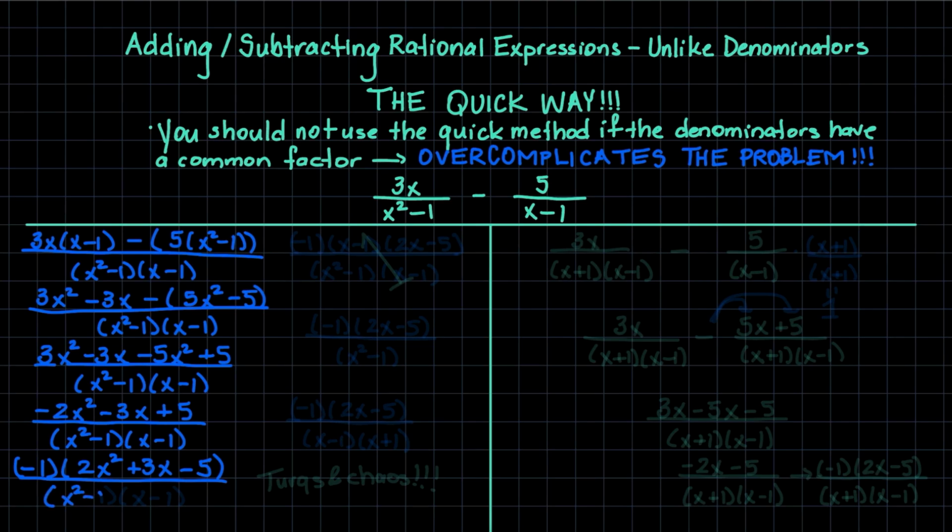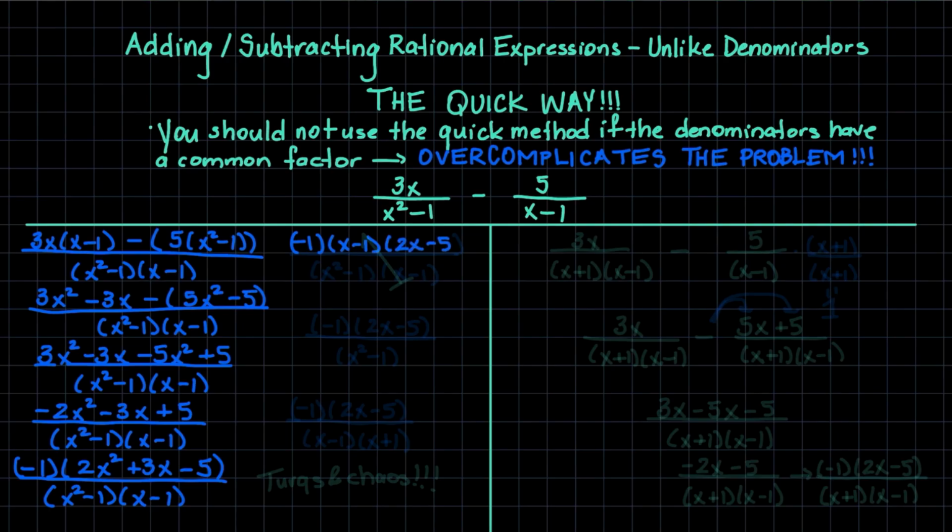Well, that leaves us with a quadratic trinomial, and we know we always have to factor that, or at least see if it factors. And in fact, it does. If you need to know how it factors, you can go to the quadratic trinomial videos and watch that. So we have negative 1 and it factors into x minus 1, 2x minus 5.